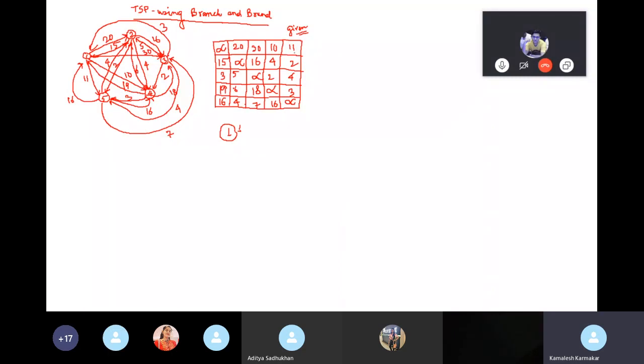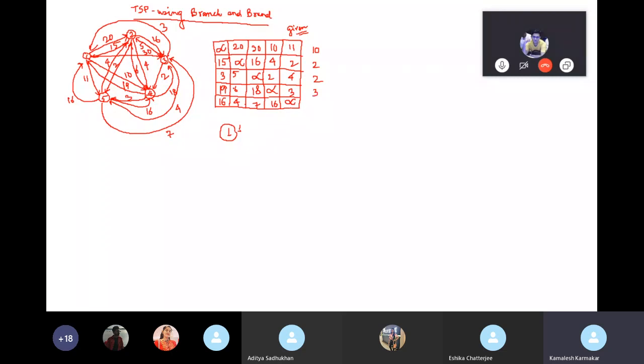First, what is the minimum value of the first row? The minimum value of the first row is 10. The minimum value of the second row is 2. The minimum value of the third row is 2 again. The minimum value of the fourth row is 3.